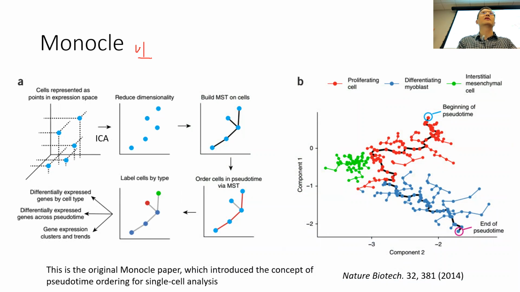It has 3 different versions, Monocle 1, 2, 3, and they have almost completely different underlying algorithms. So the authors shouldn't use the same name across the whole history of development. It gets confusing because you have to mention you use Monocle version 1. That means you use ICA and the minimum spanning tree to do this.